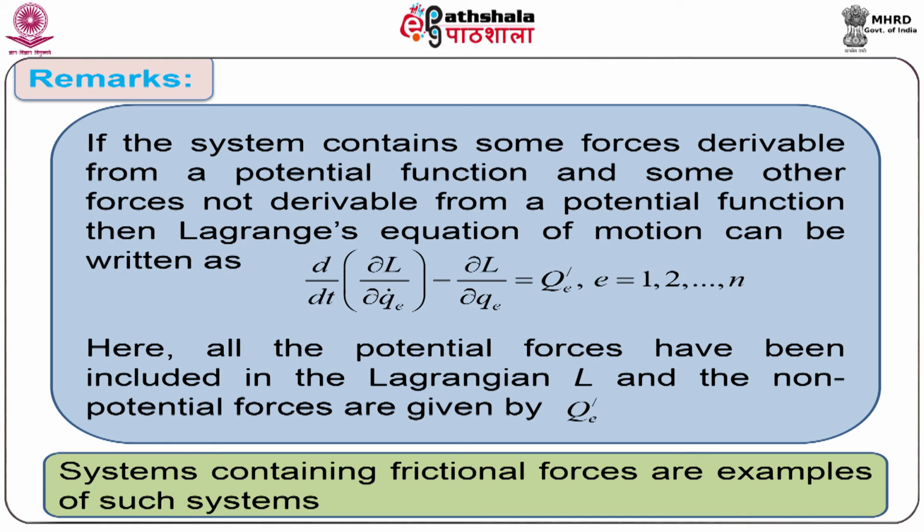Here all the potential forces have been included in L and Q_e' is the forces which cannot be derived from the potential function. L is the Lagrangian of the system. Q_e' is known as non-potential forces. An example for such a system is the system containing frictional forces.